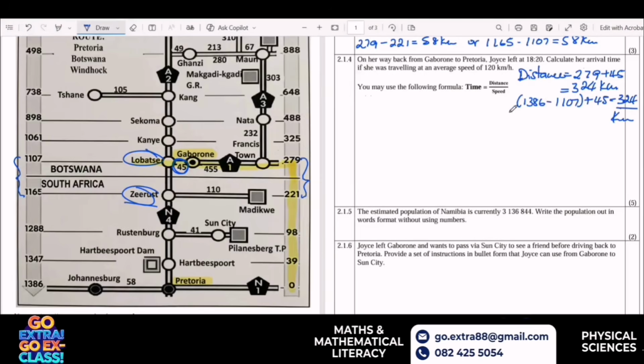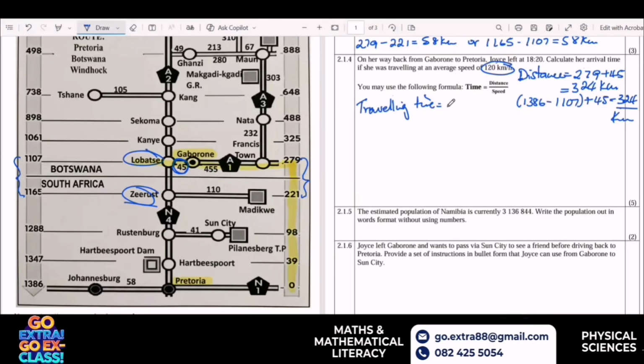Now that is our distance, and we already have the distance. The speed is already given to us there. Here is our speed, which is 120. So what is the time it will travel? What would be the traveling time? So the traveling time, therefore, is going to be distance.